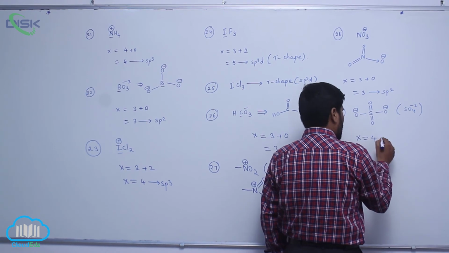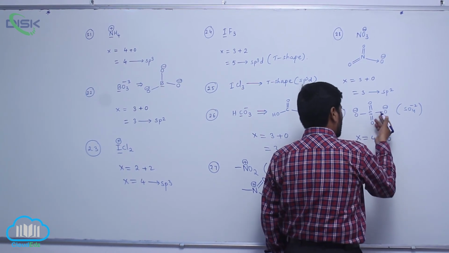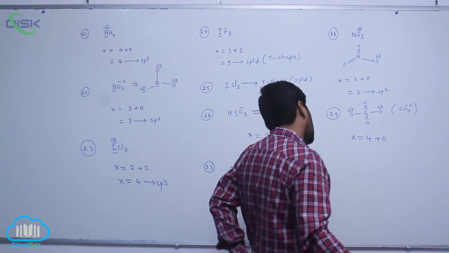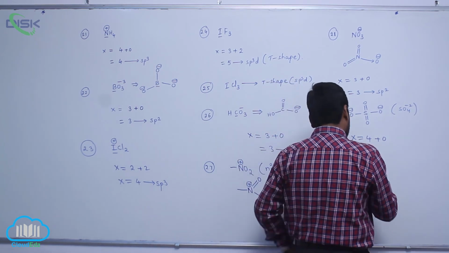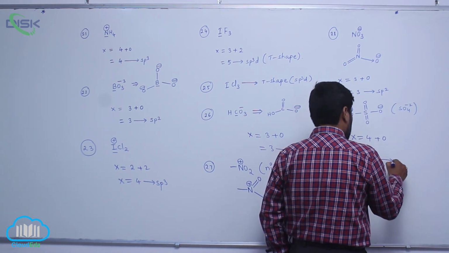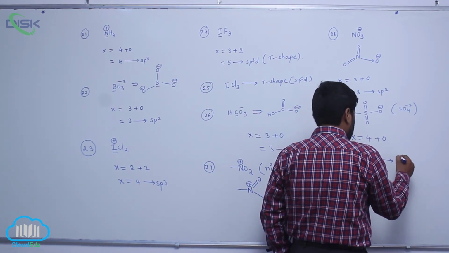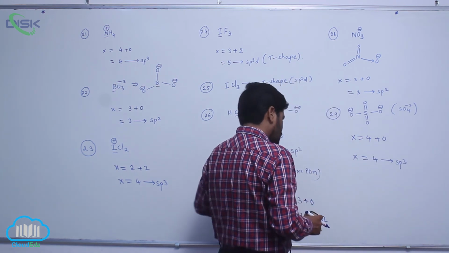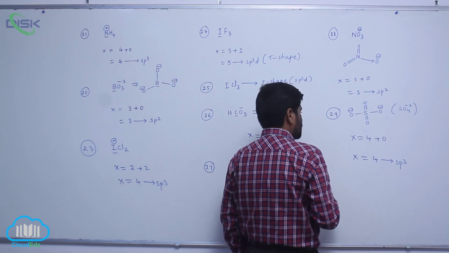Is there any lone pair of electrons? 0, because sulfur belongs to 6, around bonds also 6, no lone pair of electrons, x equals 4, sp3 hybridization.